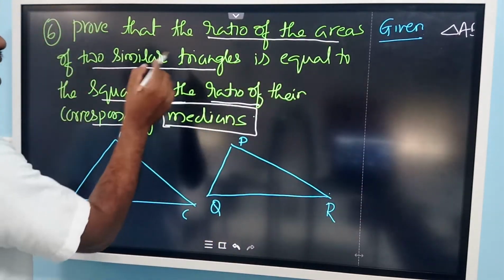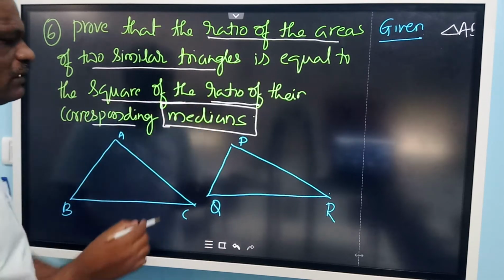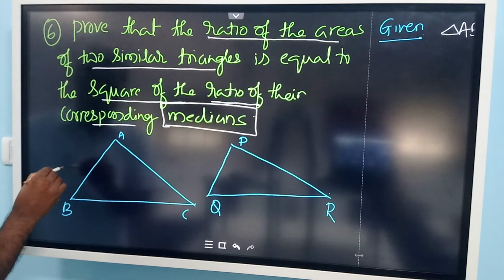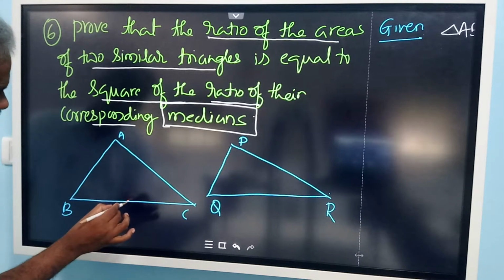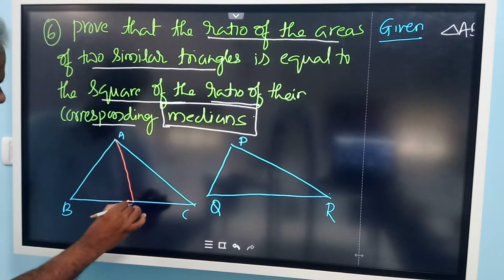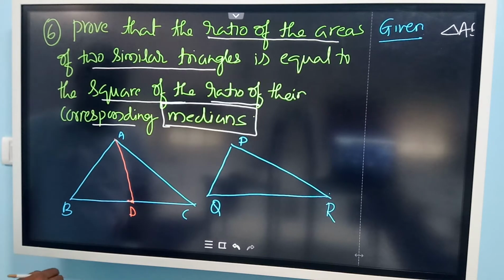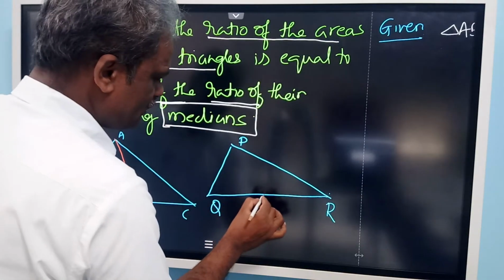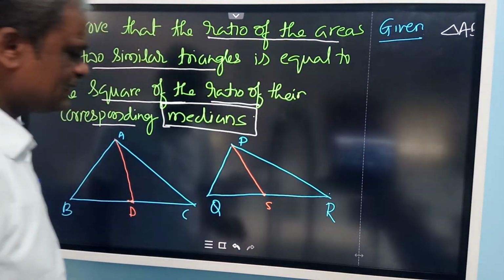What you have to prove is that the ratio of the areas of two similar triangles is equal to the square of the ratio of their corresponding medians. So we need to draw the medians here. Let us draw two medians. I will take the midpoint of BC as D. Join this, so you take this as D. So median AD. And here the midpoint of QR I will take as S, so PS is the median.